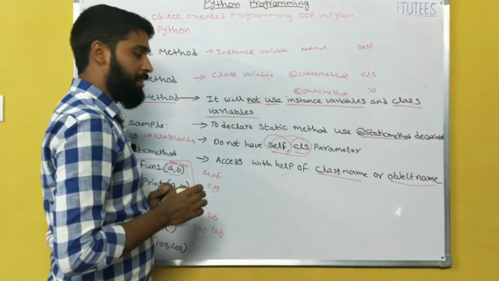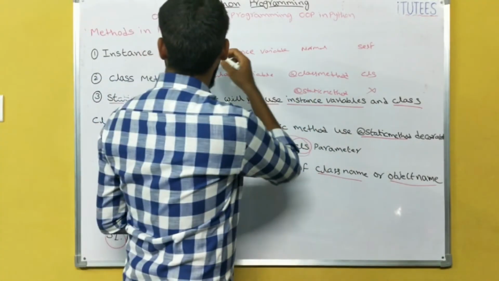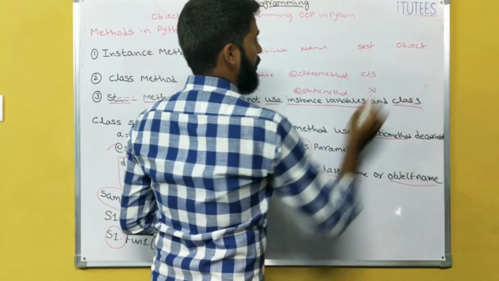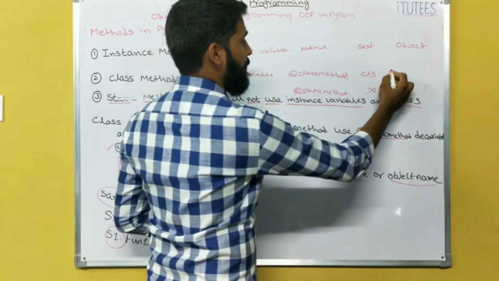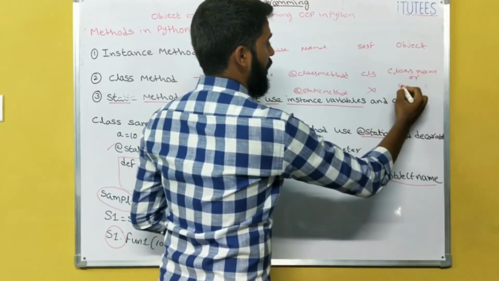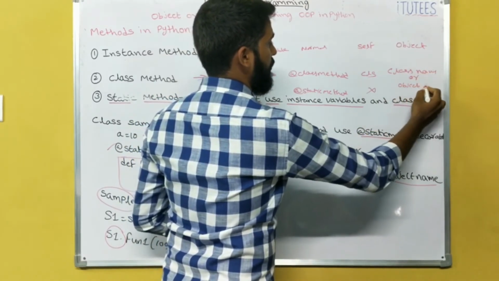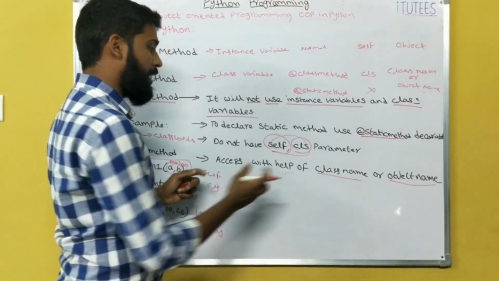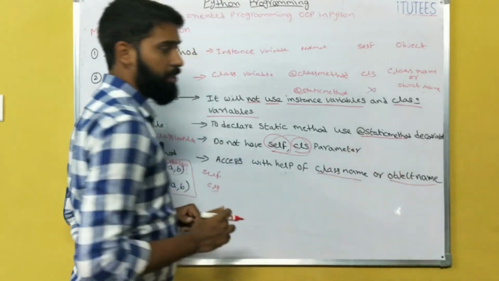How can we access the instance method? By using object name. How can we access the class method? With the help of class name or object name. How can we access the static method? With the help of class name or object name.